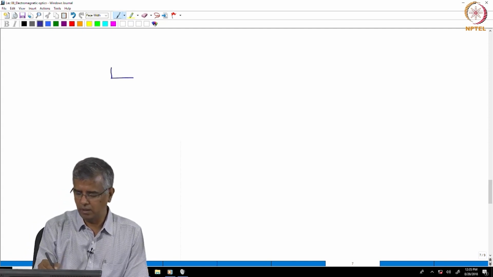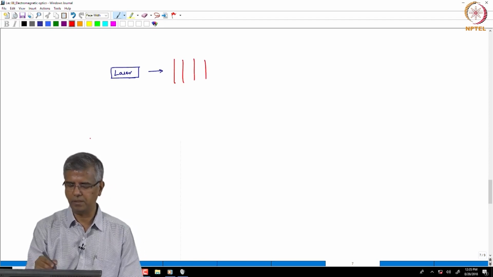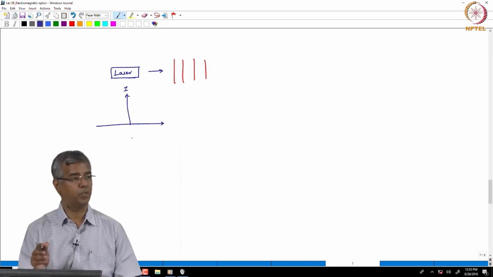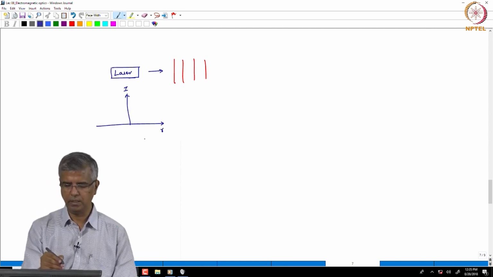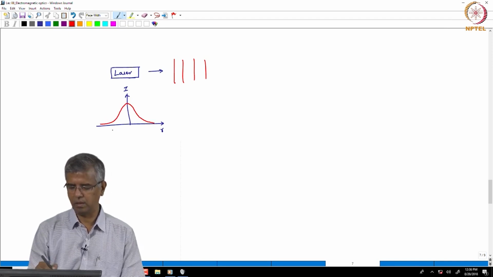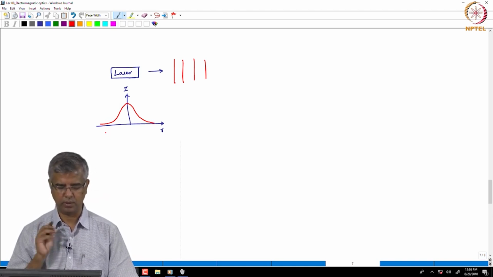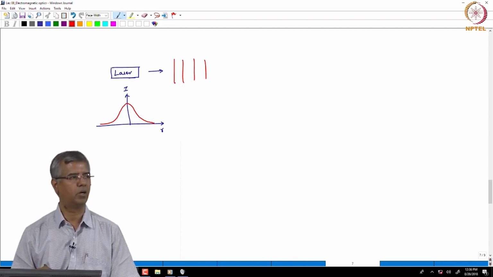So you have a laser, right, which is emitting let us say plane waves, and we said when we look at the intensity in the transverse plane, transverse to the direction of propagation, that intensity, for a perfect light source with only the fundamental transverse mode operating, would have looked like a Gaussian function, right.